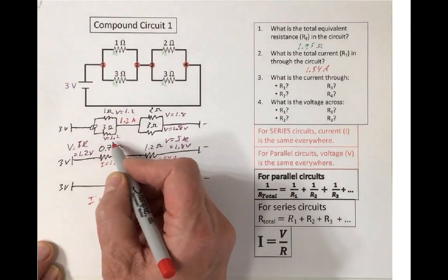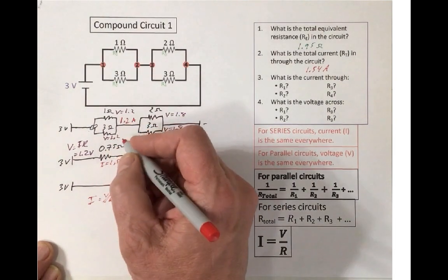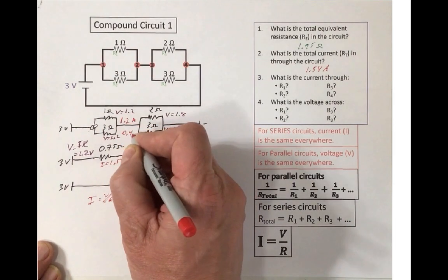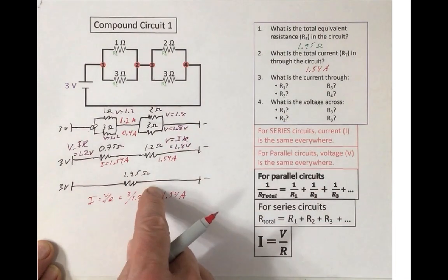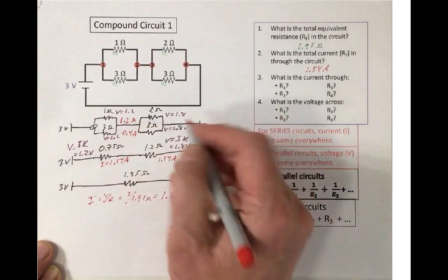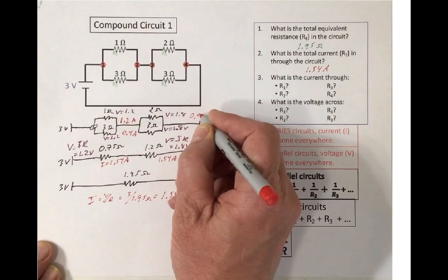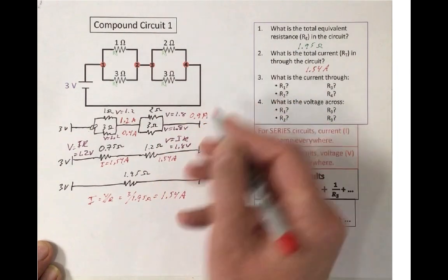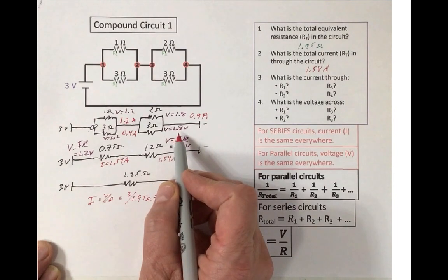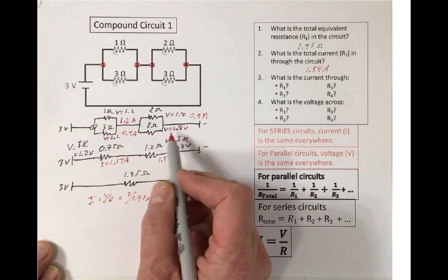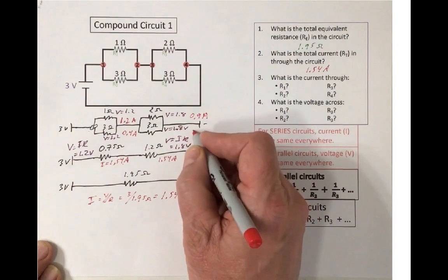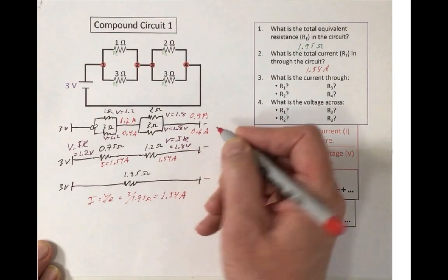And this one is 1.2 divided by 3, or 0.4 amps. Over here, resistor 3, that would be 1.8 divided by 2, or 0.9 amps. And this one is 1.8 divided by 3, so voltage divided by resistance is 0.6 amps.